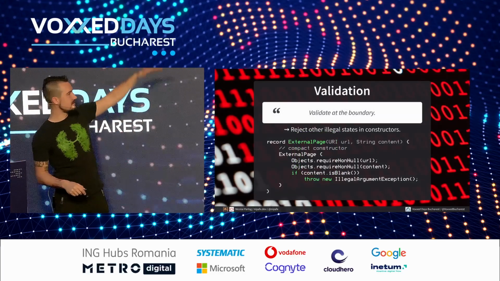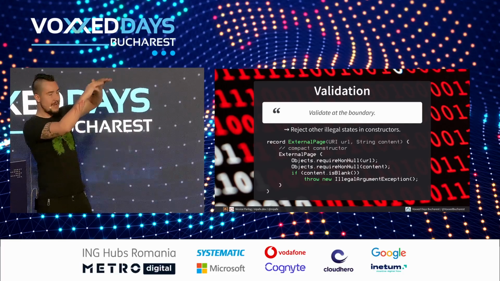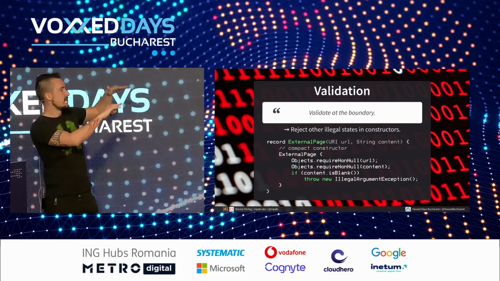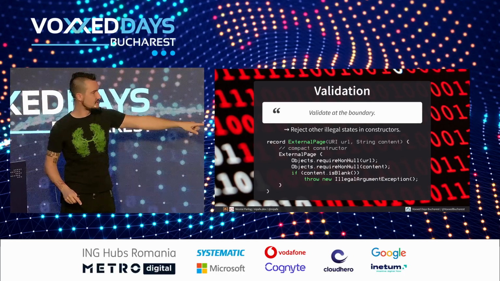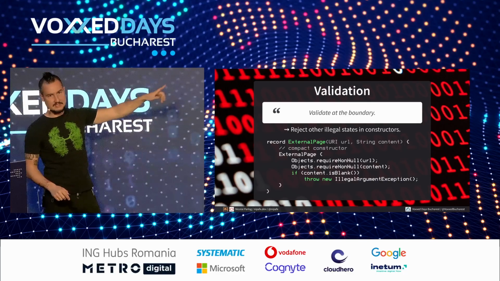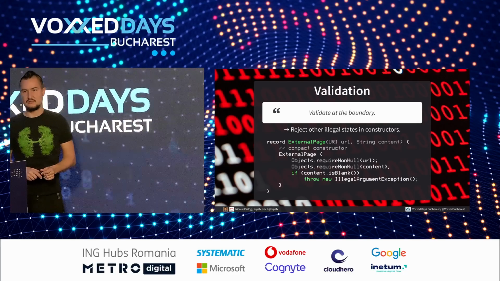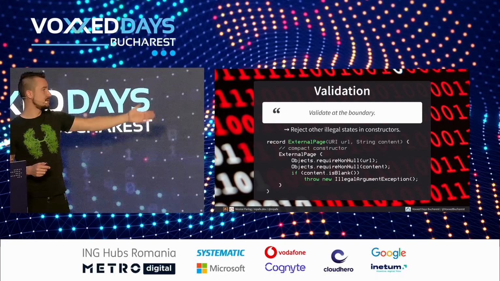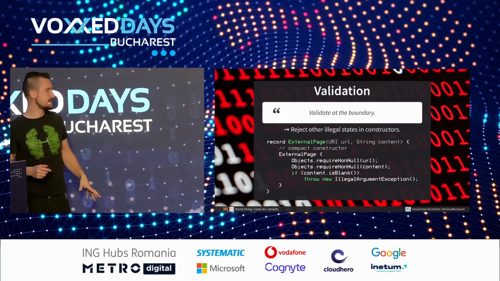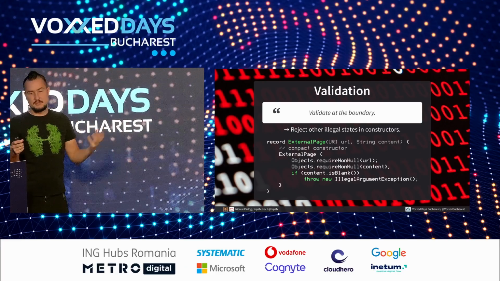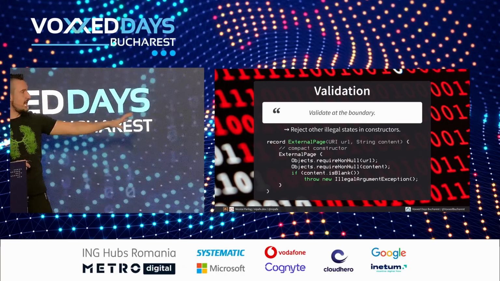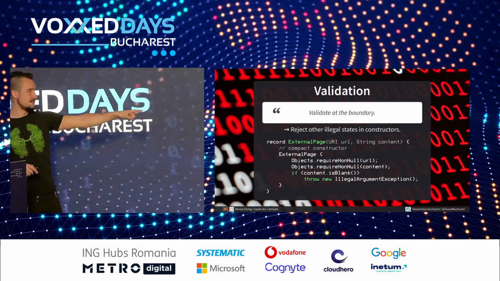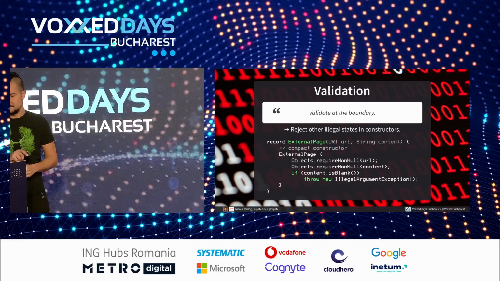If you write it like this, the record first, then usually we add fields, but records cannot have fields. Then we usually add constructors, put this one at the top, then it's just like 2 lines from the compact constructor to the list of components. And the advantage is if you ever add a component, you don't need to touch the constructor unless you want to add something. It just removes a little bit of boilerplate. But you don't have to do this. Nothing is stopping you from listing the parameters here if you prefer.